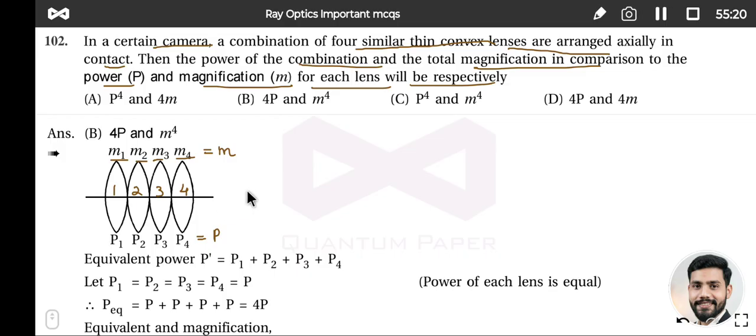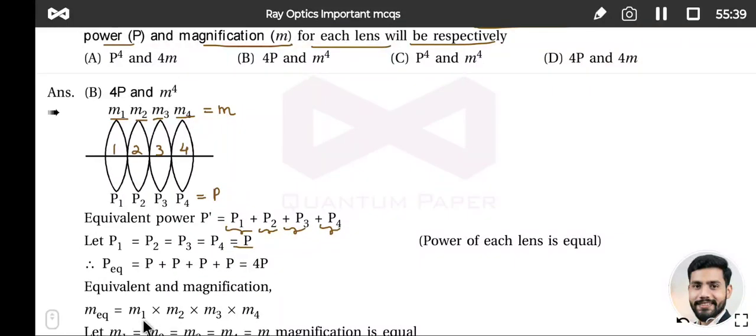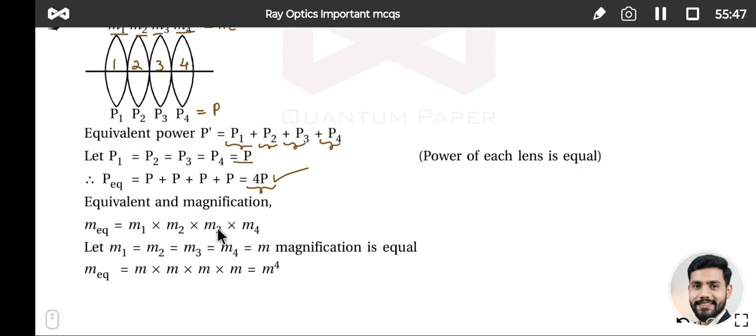That is the question. To find out the power when the lenses are in contact, we have the formula P1 + P2 + P3 + P4. We have to just simply add. So the power of each lens is equal, let's say P, then P + P + P + P is nothing but 4P. So the equivalent power is 4P, and to find the equivalent magnification, we multiply: m1 × m2 × m3 × m4. With the magnification of each lens equal to m, m × m × m × m is m to the power 4.